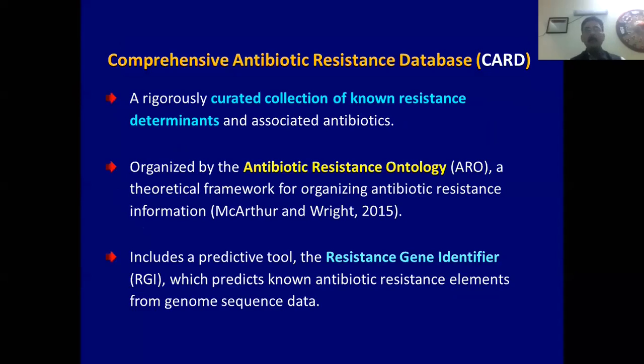There is one such database called CARD, Comprehensive Antibiotic Resistance Database. So this is a curated collection of known resistant determinants. So this is very easy to handle, and you can identify the resistant genes in a whole genome sequence of a microorganism by using this platform.